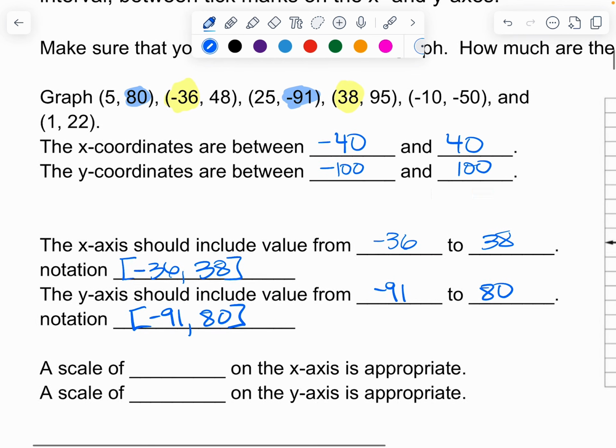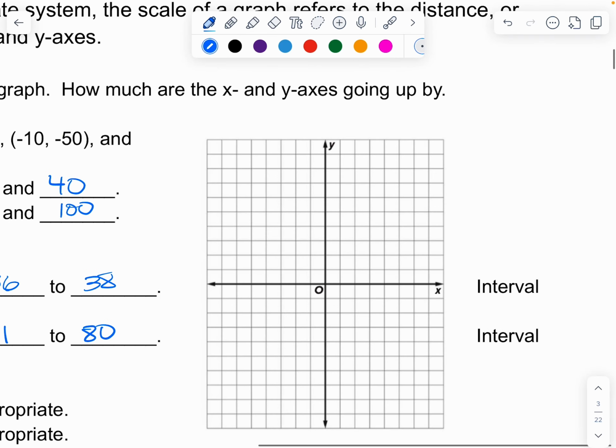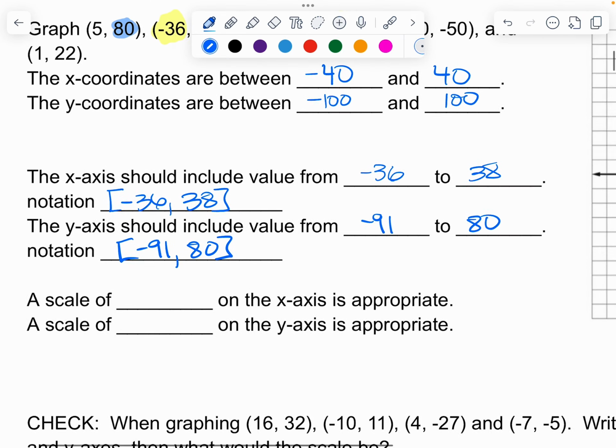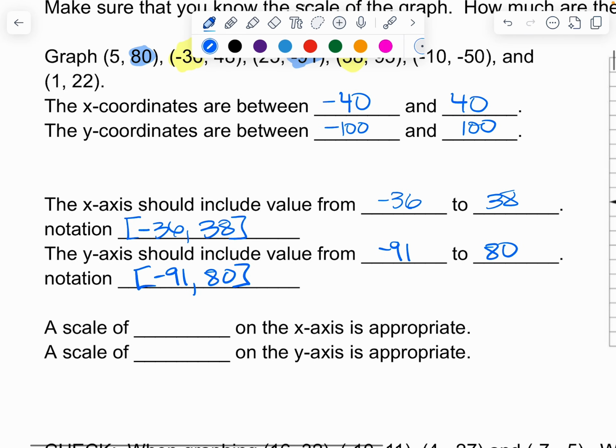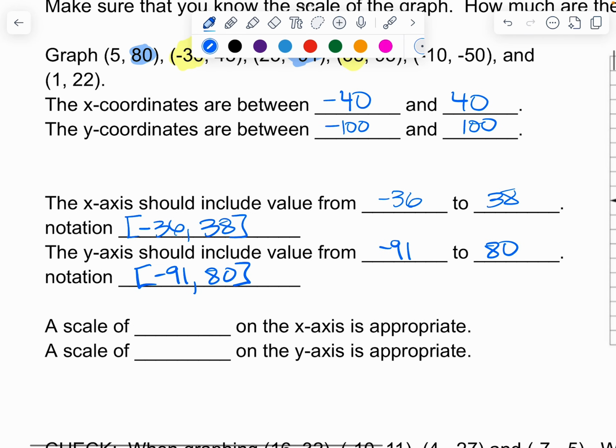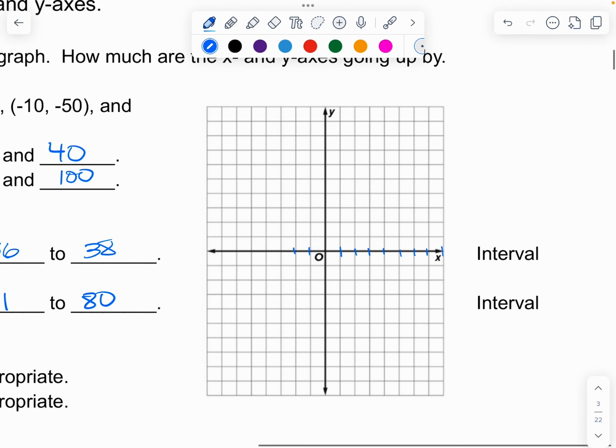Okay. What do we want our scale to be? Well, let's look at this. We have 1, 2, 3, 4, 5, 6, 7, 8. 1, 2, oh, so that's 16 on both sides. So could we go up by 2s? No, look at, let's see. 2, 4, 6, 8, 10, 12, 14, 16. That's not going to get it for us.